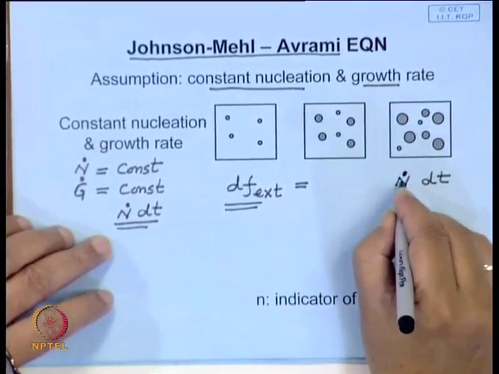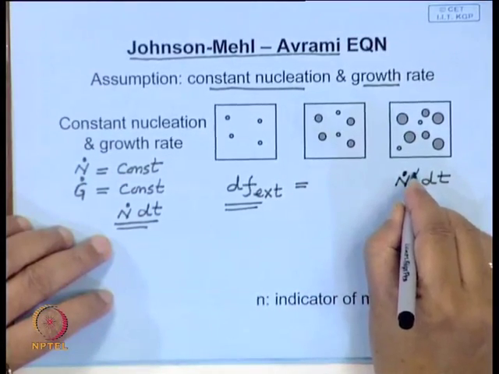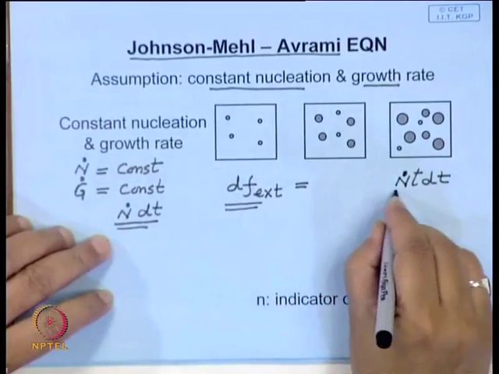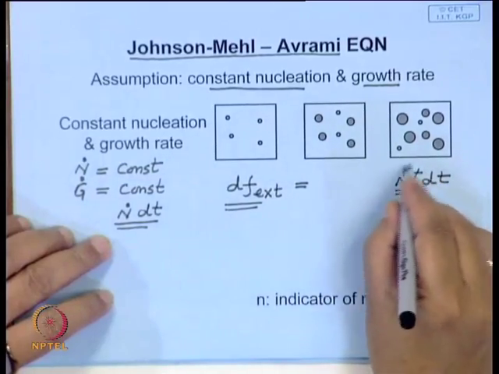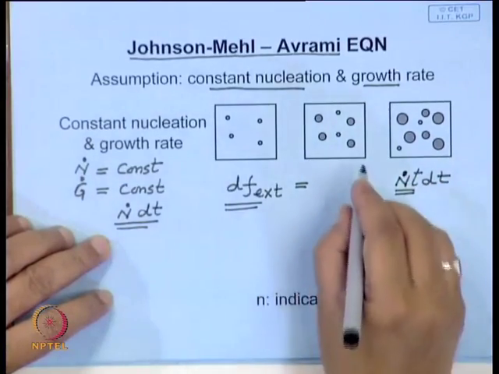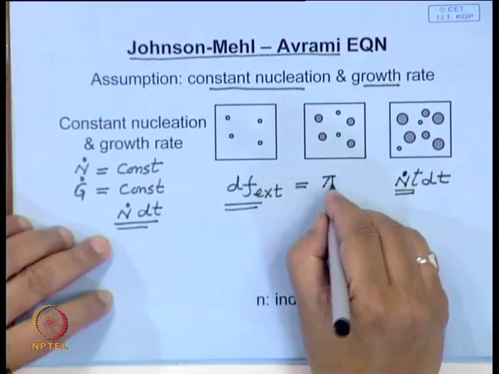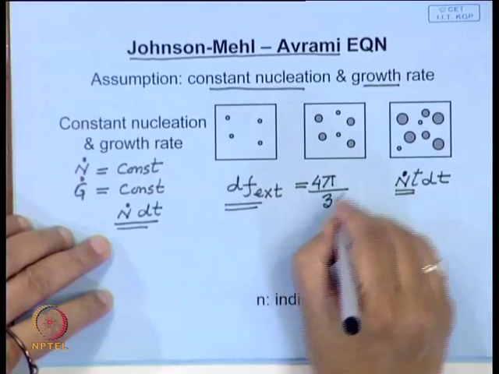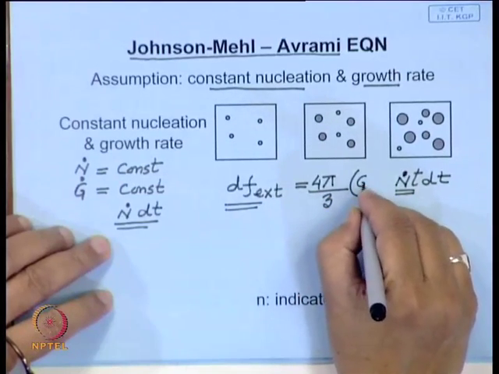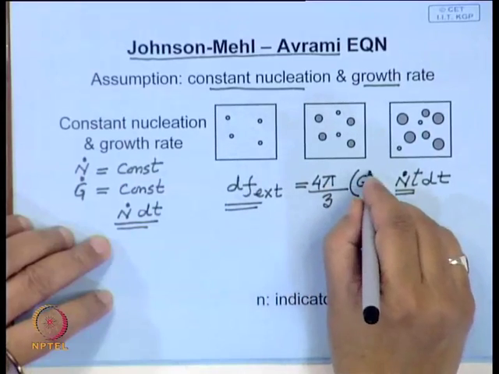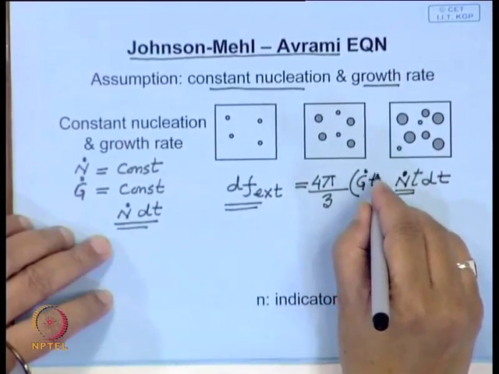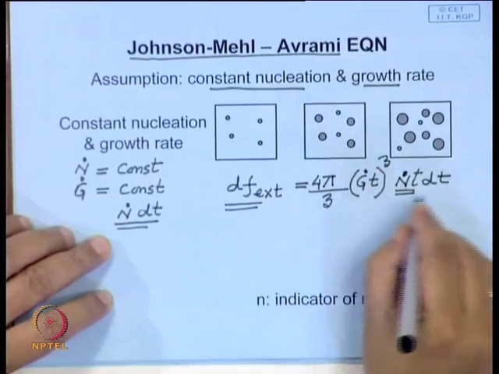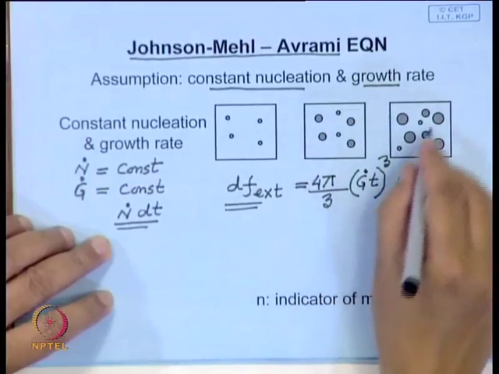So, up to that time n dot times t, this many nuclei are already there, and these are going to grow, and then you find out the average size, so this is 4 pi by 3, then g dot times, this is the average size of the nuclei.